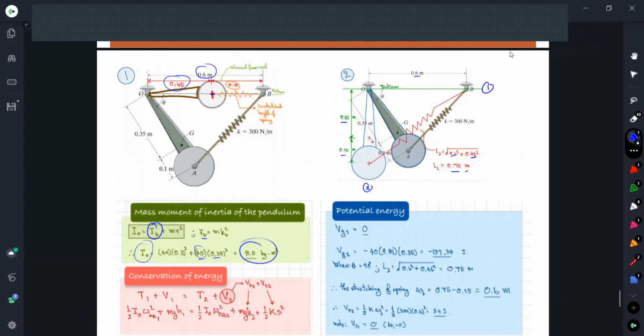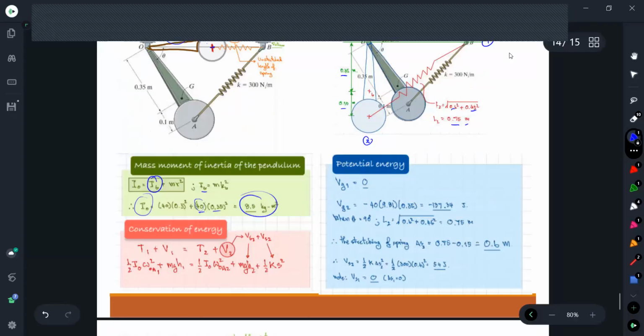For the conservation of energy, at the first position, it should be a half IO omega OA squared plus m g h1.